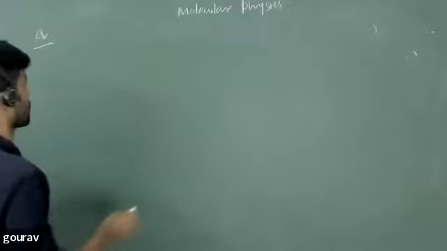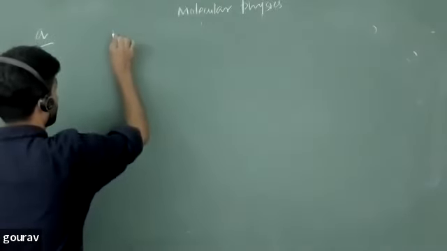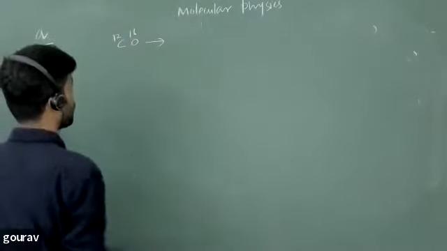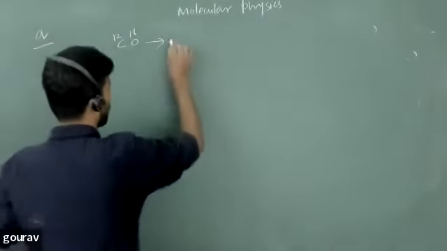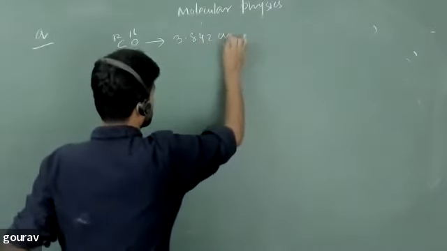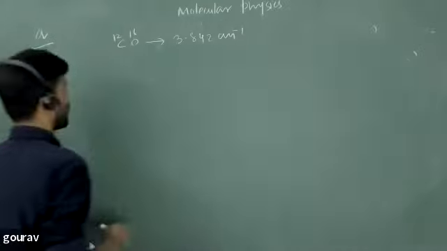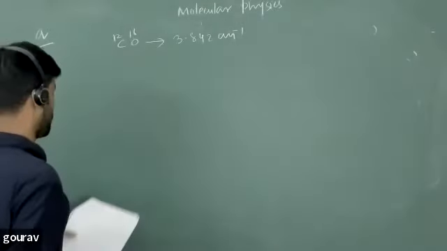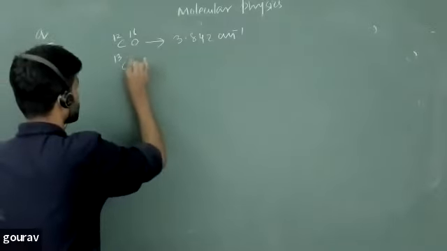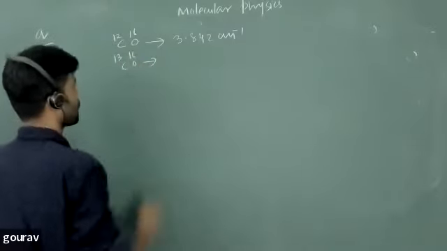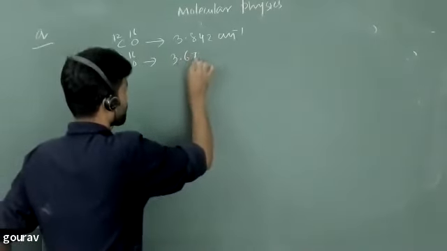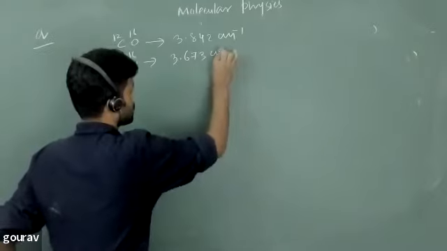First rotational spectra of carbon 12, oxygen 16 is observed at 3.842 centimeter inverse, and first rotational spectra of carbon 13, oxygen 16 is observed at 3.673 centimeter inverse.